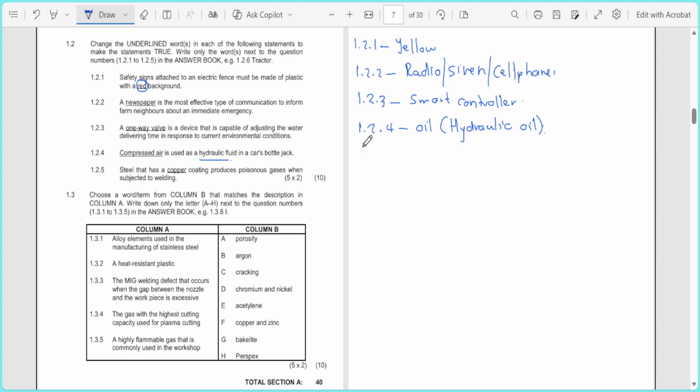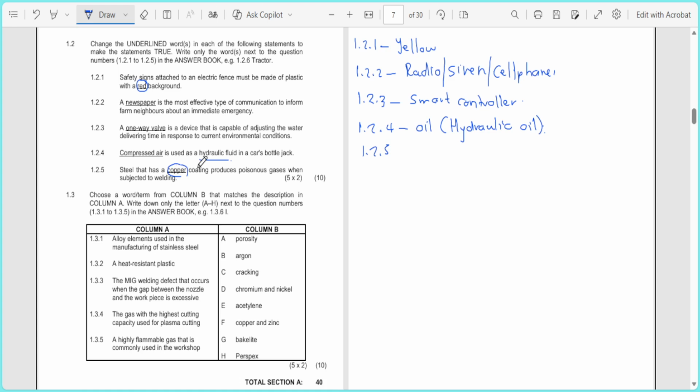Now for the last one, 1.2.5. Steel that has a copper coating produces poisonous gases when subjected to welding. Copper. So we need to change this underlined word to the correct one. So no, it shouldn't be copper.